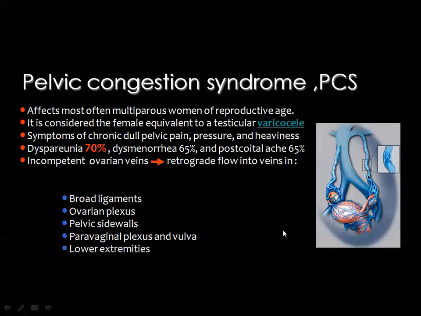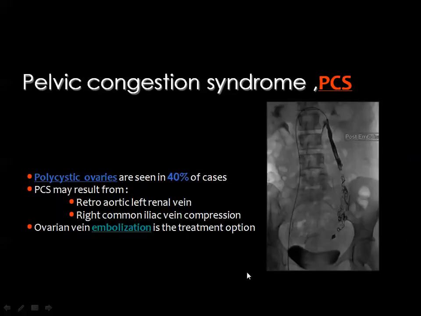Then the incompetent ovarian veins will lead to retrograde flow of blood into the pelvic veins, which are the veins in the broad ligament, the ovarian plexus, the pelvic side walls, the paravaginal plexus, and the vulval veins, as well as into the extremities maybe.